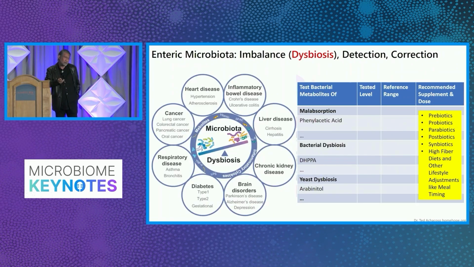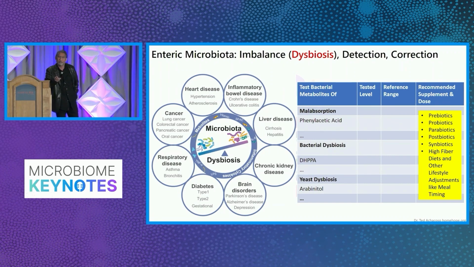And then the imbalance of enteric microbiota is called dysbiosis, of course, you know this, and you can detect and correct, for example, malabsorption and bacterial dysbiosis types of metabolites, right? You know how to do that, and you could do your recommended supplementation and dosing with prebiotics, probiotics, parabiotics, postbiotics, symbiotics, high fiber diets.